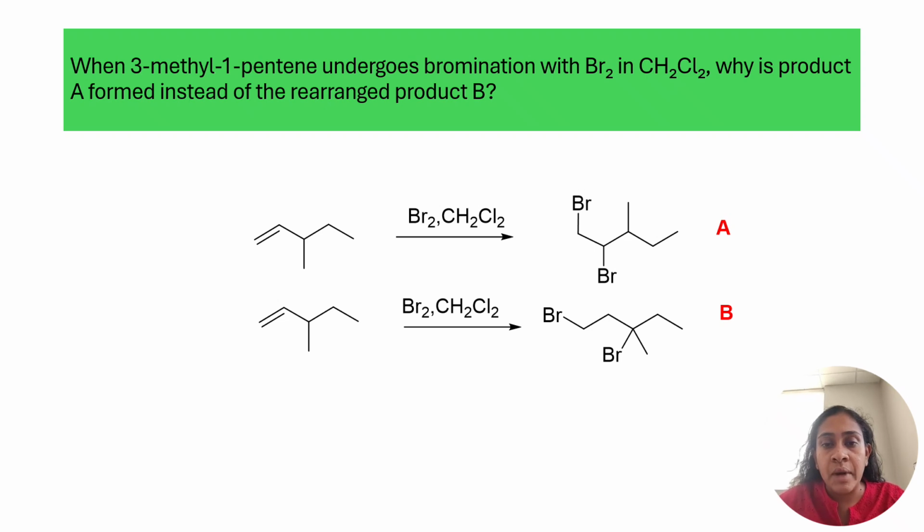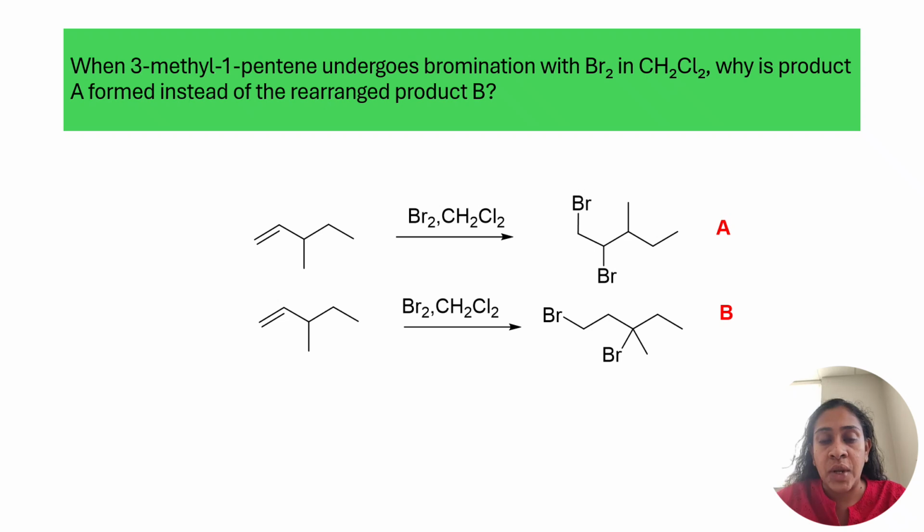Let's move on to our next question. The question is asking: when 3-methyl-1-pentene undergoes a bromination reaction with bromine in the presence of dichloromethane, why is product A formed instead of the rearranged product B? So now let's apply the mechanism of bromination to our substrate, 3-methyl-1-pentene.